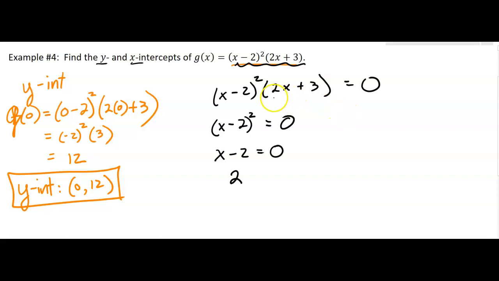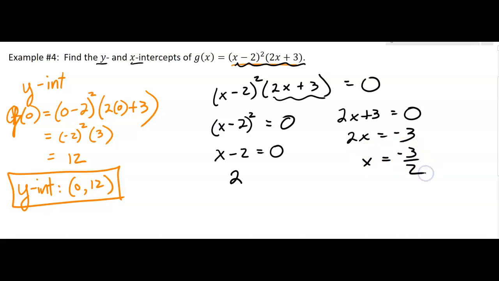The other factor, the binomial 2x plus 3, could equal 0. So you're going to get 2x equals negative 3, or x equals negative 3 over 2. That would be the other x-intercept. But we'll go ahead and write them as ordered pairs.